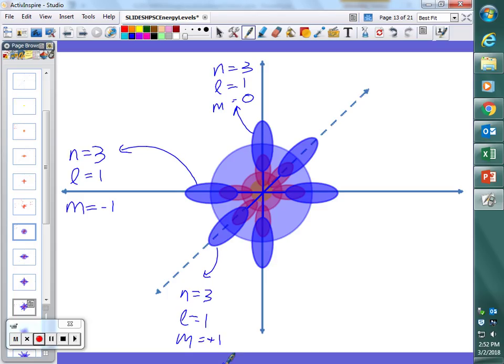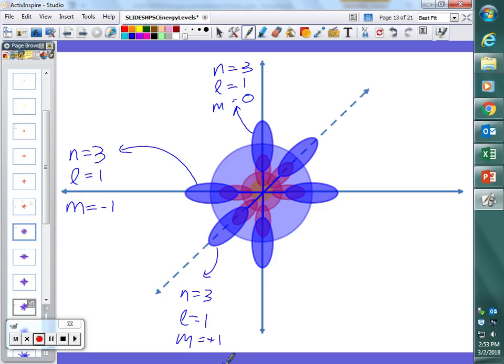Does the x-axis one always have to be -1? Not necessarily. But what does it have to be compared to the y-axis one? It has to be different.